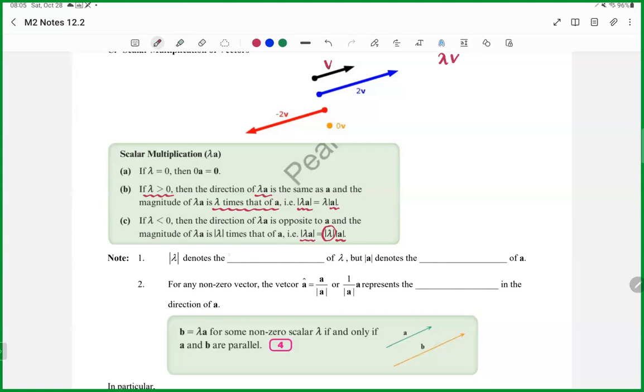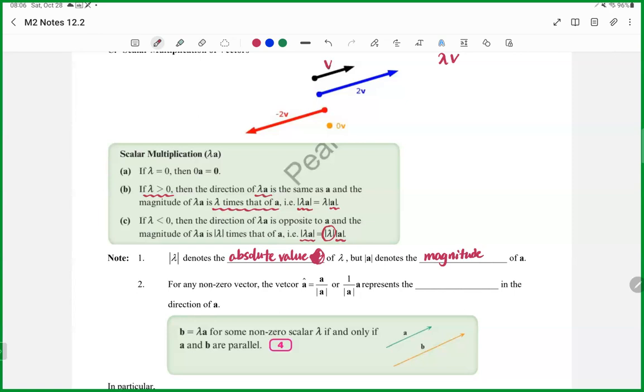This denotes the absolute value of lambda, but this one denotes the magnitude of a. The names are different: for a scalar, it's called the absolute value; for a vector, it's called the magnitude.